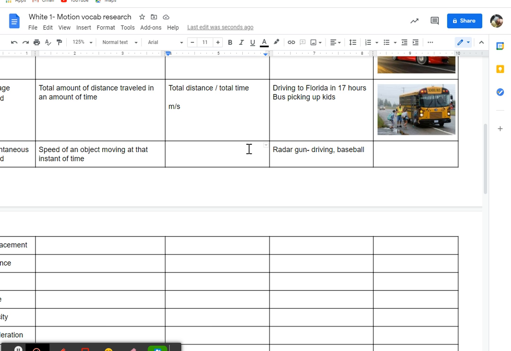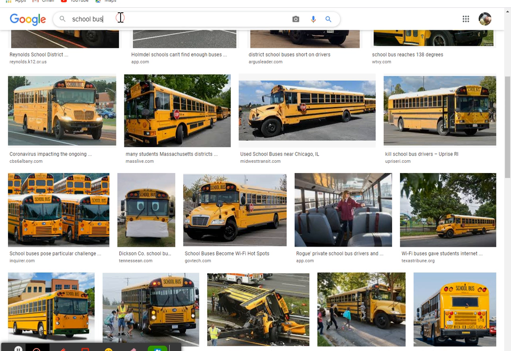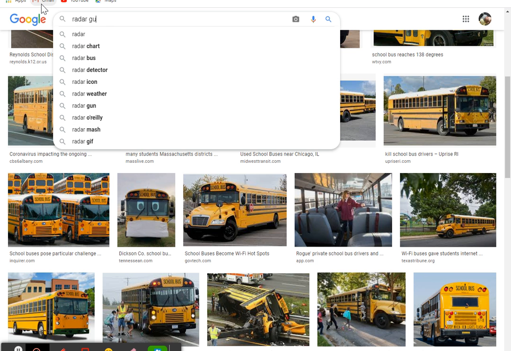But what would our unit of measure be for instantaneous speed? Meters per second. All right. Hopefully you guys got this sinking in your head now. All right, let's use, I like the radar gun with baseball.